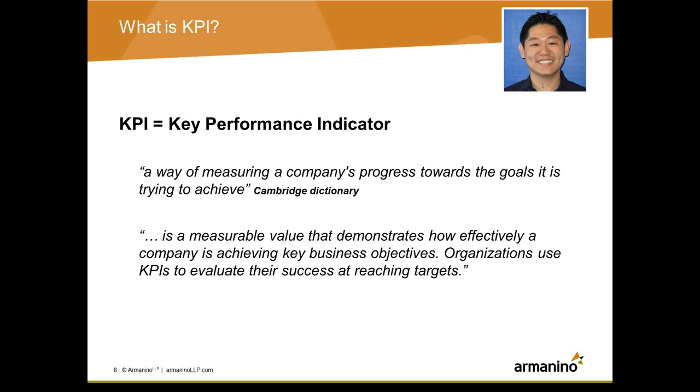So it's measuring two different things: how successful a company is, and also the progress to get there. And the other thing to point out, what makes a KPI is the word key. So we're going to touch upon this throughout the webinar to identify the difference between what is key and what is just a performance indicator or just performance metrics.